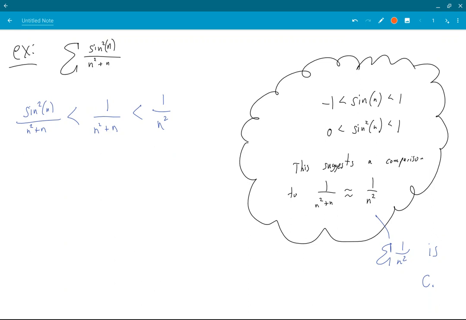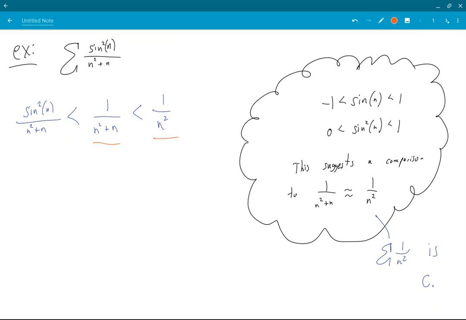So let me recap my inequality. The numerator here is bigger than the numerator here. That proves the first inequality, this one. And the denominator here is bigger than the denominator here.